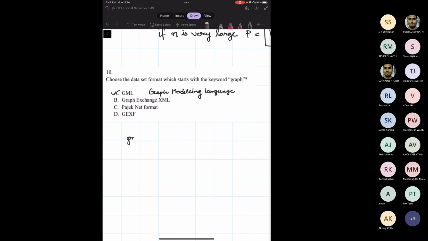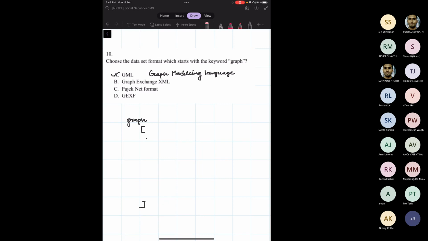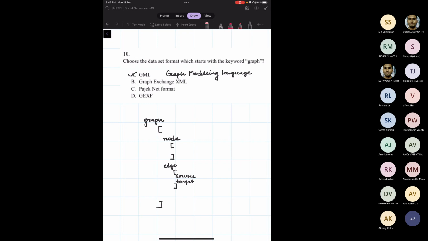Then inside the graph you include nodes, and then you have edges. For each edge you include source and target. So it looks something like this. So the right answer would be GML, Graph Modeling Language.